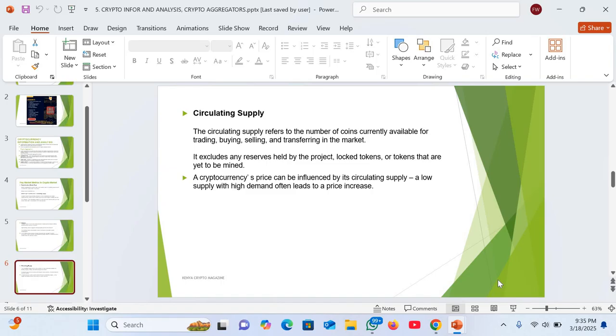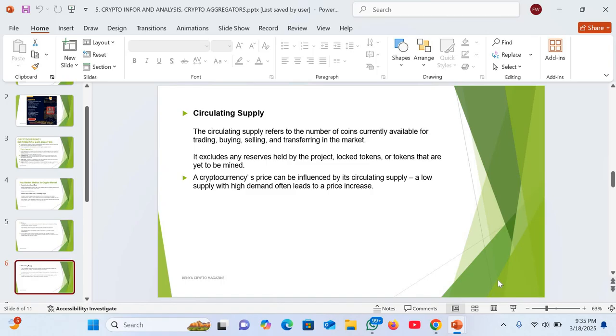Bitcoin mining is simply the process that verifies and validates Bitcoin transactions.